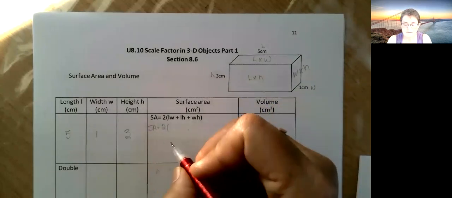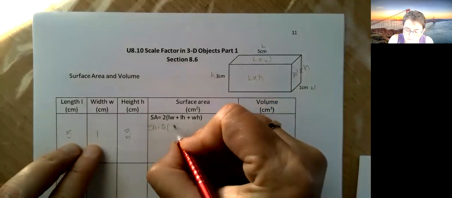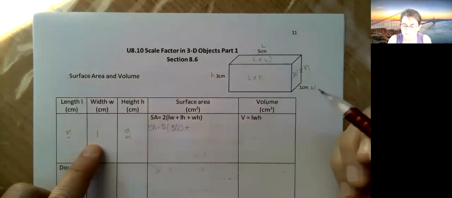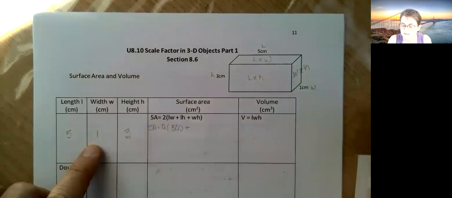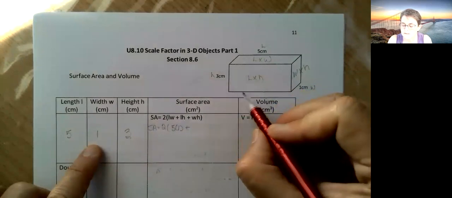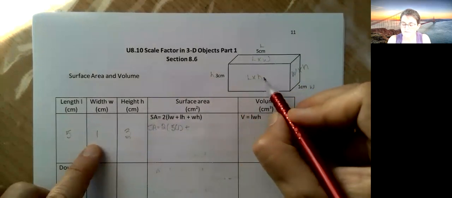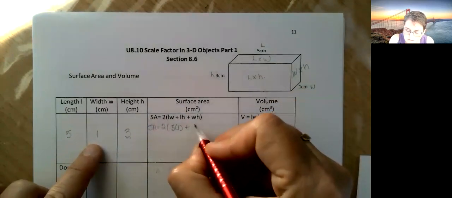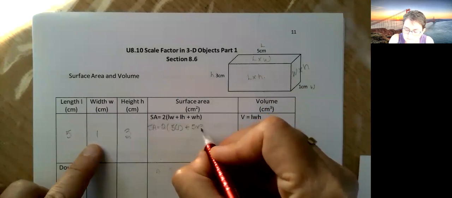So length times width, so it's going to be 5 times 1 plus length times height. The length times the height is like the front, and there's a back. So that's 5 times 3.